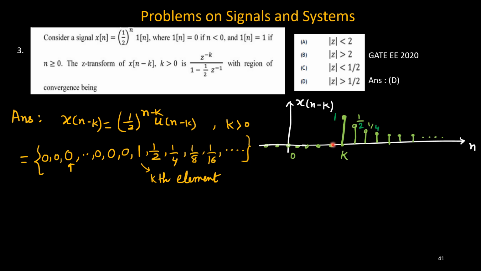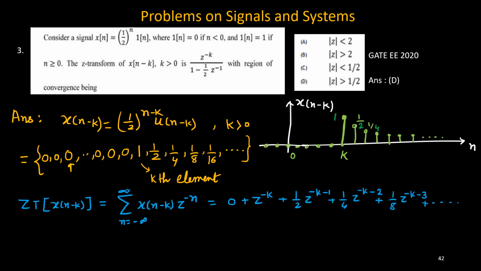Its z transform is similar: the summation of x of n minus k times z to the power minus n. With the kth element, which is 1, I need to multiply by z to the power minus k. Then half z to the power minus k minus 1, 1/4 z to the power minus k minus 2, like that.